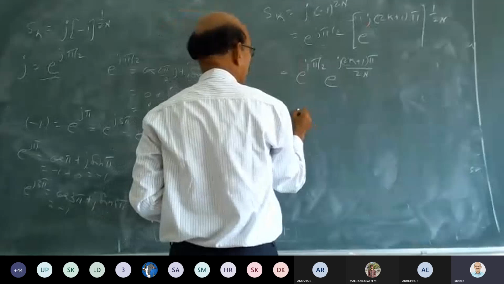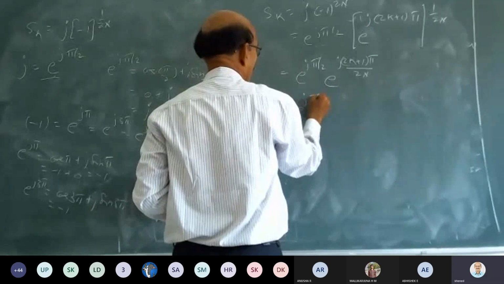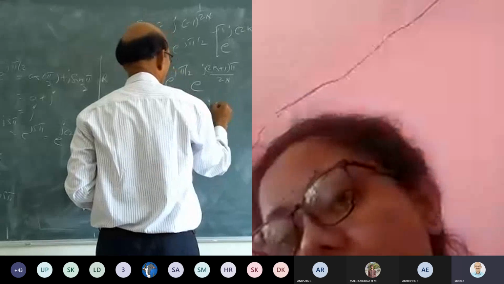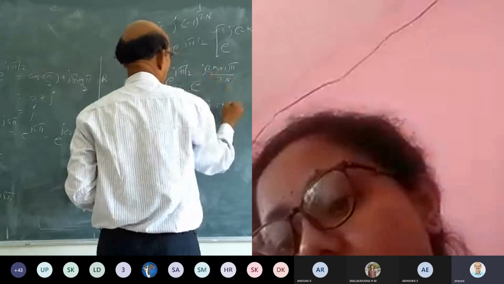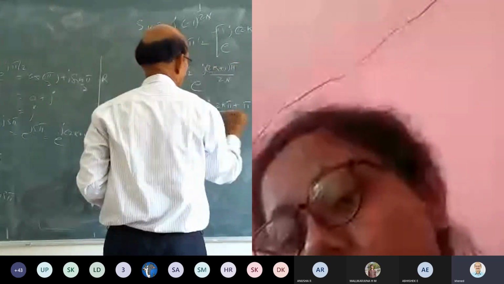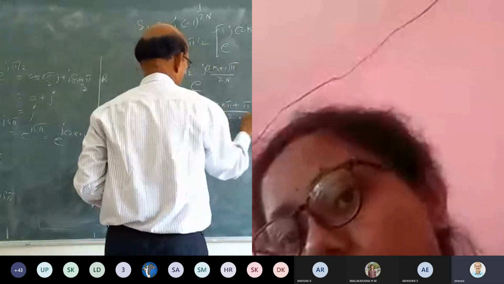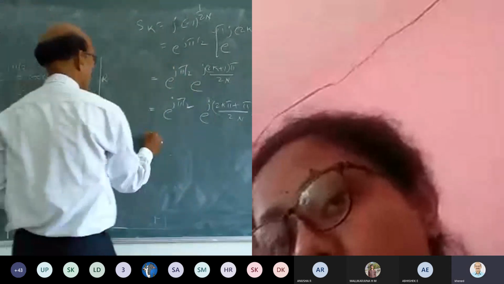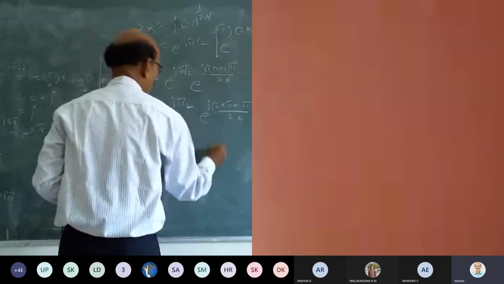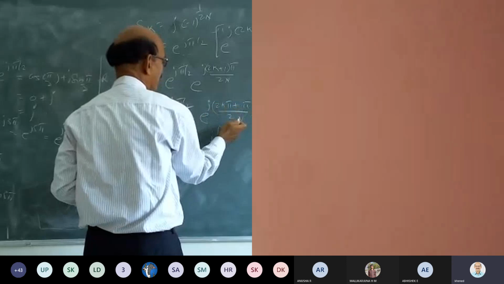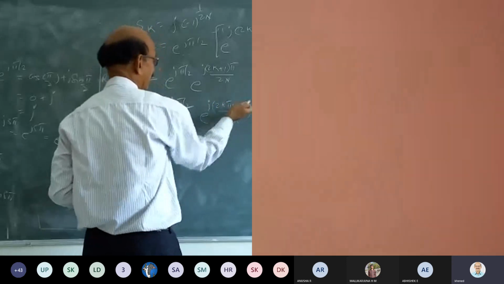This is further written as e to the power of j pi by 2 into e to the power of j, look at this, 2k pi plus pi divided by 2n. Or this is equal to further e to the power of j pi by 2 into e to the power of, this I split into two parts, a plus b by c can be written as a by c plus b by c.